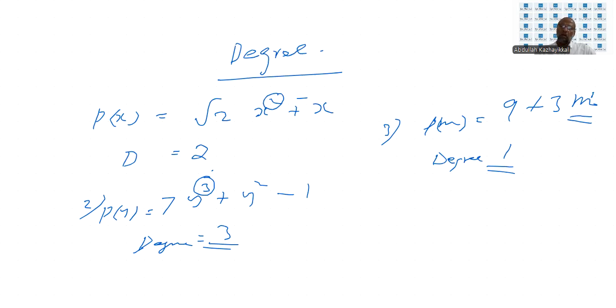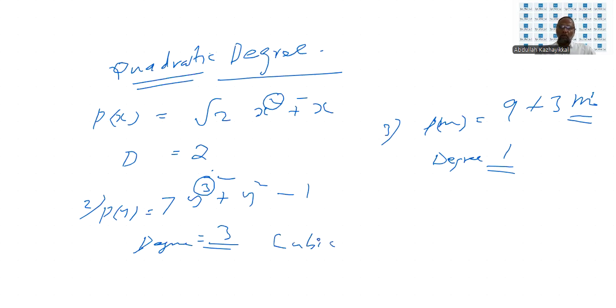Yes, sir, it is 1. Here it is not a linear polynomial, it is a quadratic polynomial. Quadratic equation also you will study. And this is degree 3, cubic polynomial.